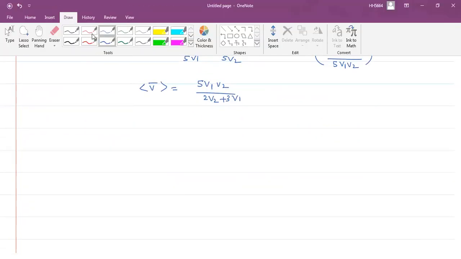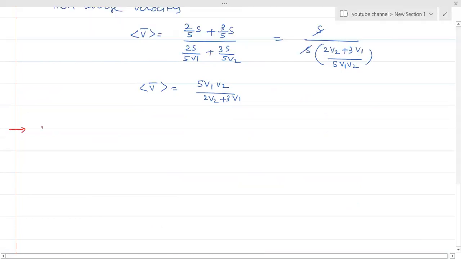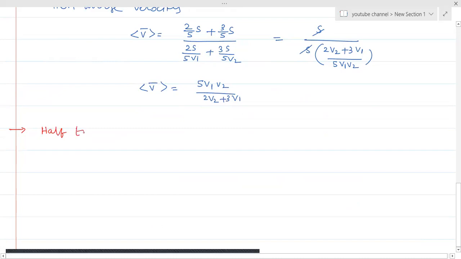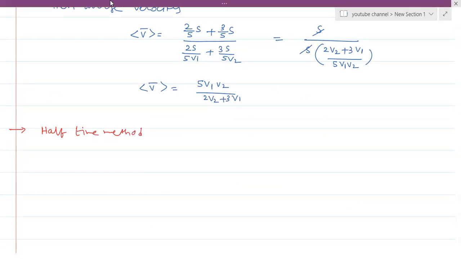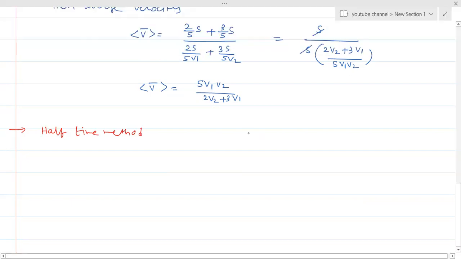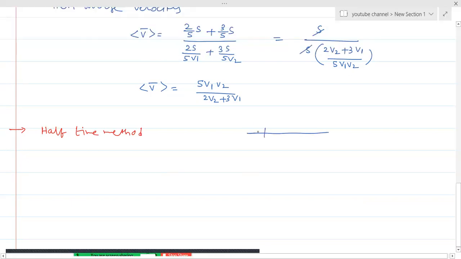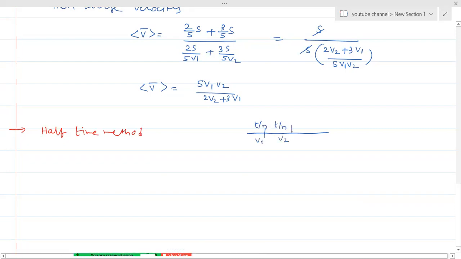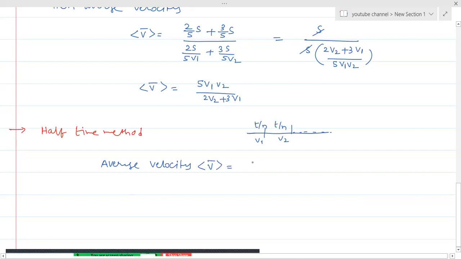And suppose we think of the half time method, so for that case, for example, I am taking equal times. For t by n time it is moving with v1, and t by n time it is moving with v2, and so on. So in this way, we are taking n segments. Then average velocity v bar is distance covered by time.